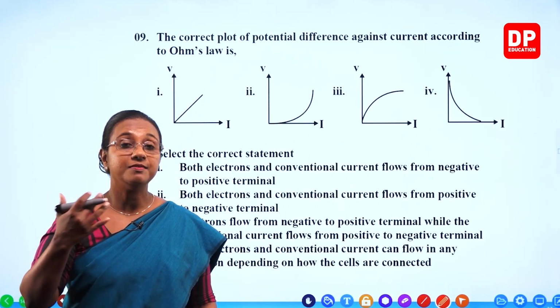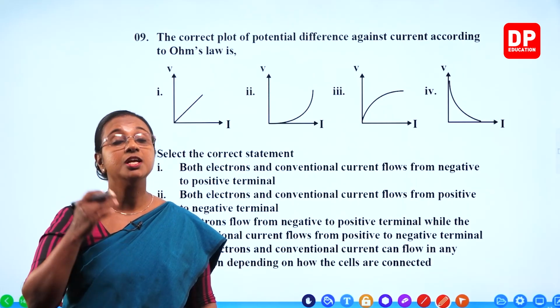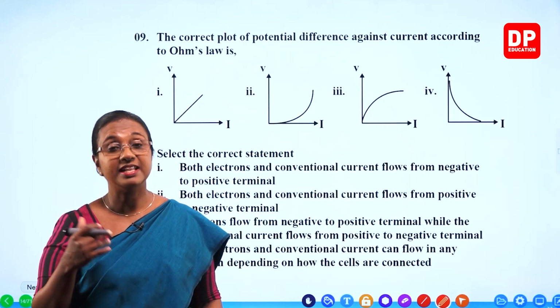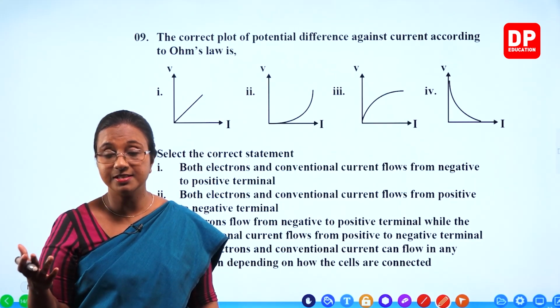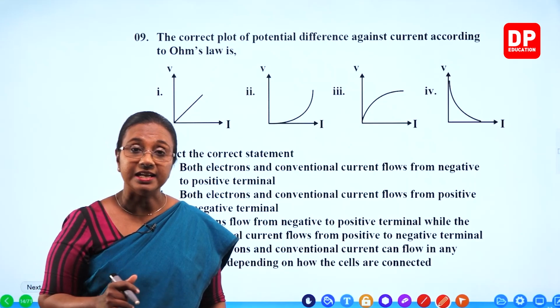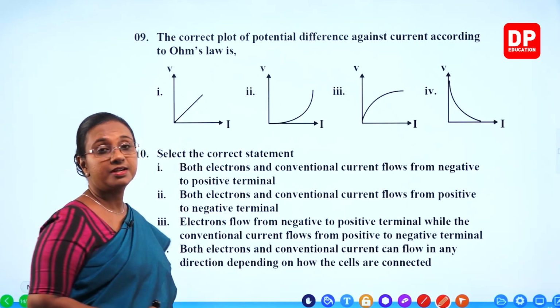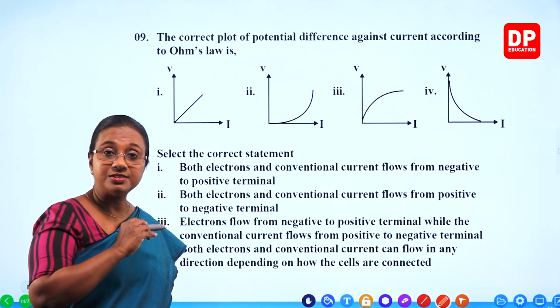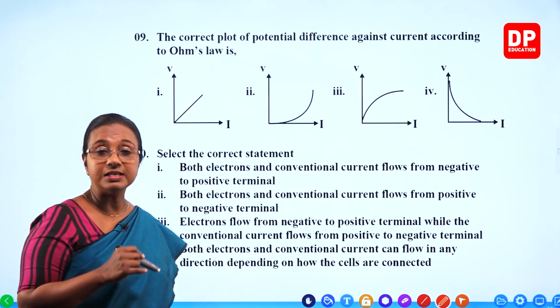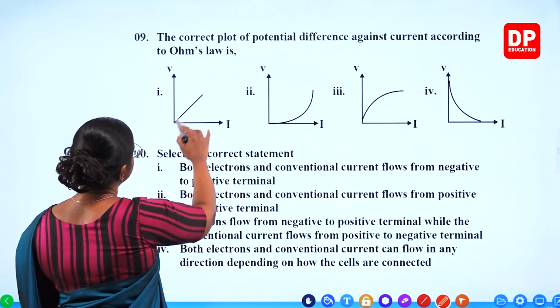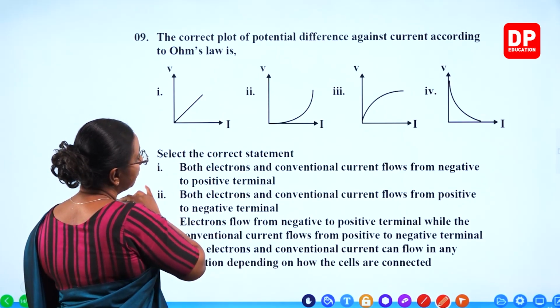So from that, we arrange it as an equation: V over I is equal to a constant, and the constant is known as the resistance R. So if you plot the graph of potential difference against current, it has to be a straight line going through the origin. If you look at the graphs, this is a straight line going through the origin.